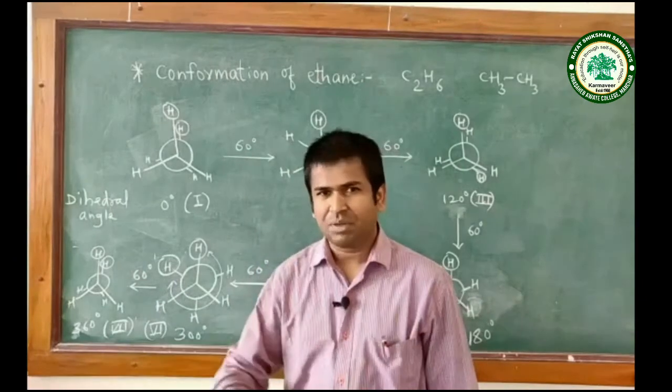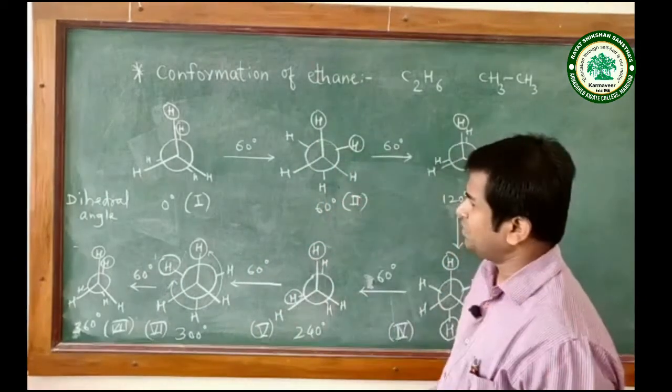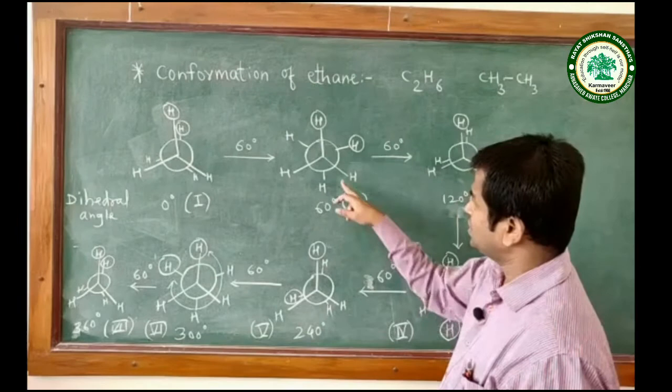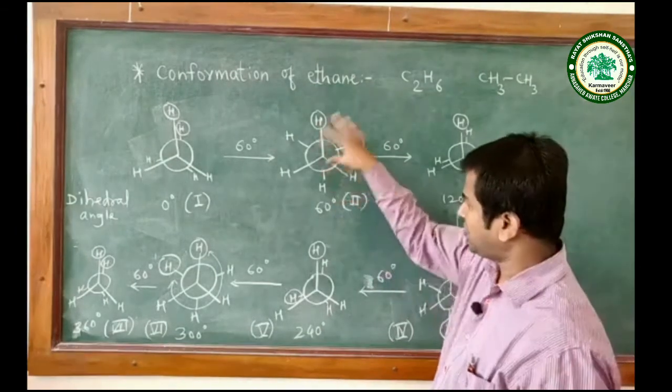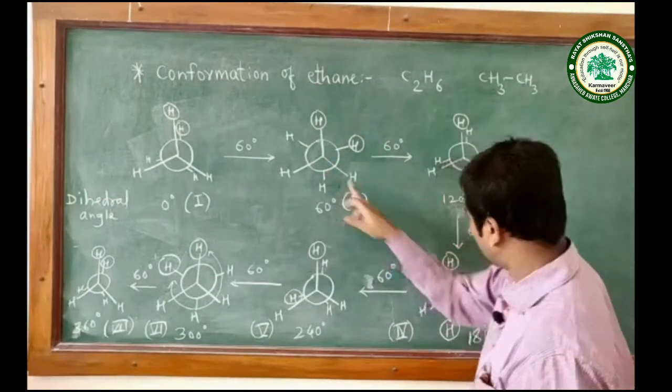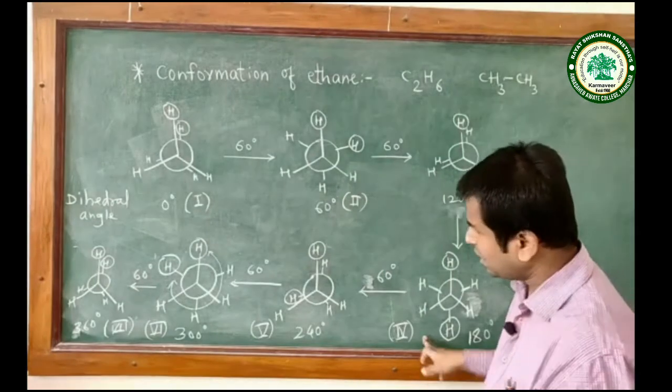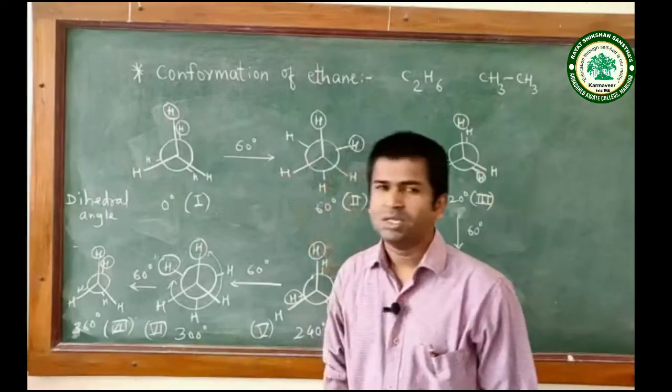We get eclipse conformation, and another conformation which we obtain is staggered conformation. So this is the staggered conformation, structure number 2, structure number 4 and structure number 6.